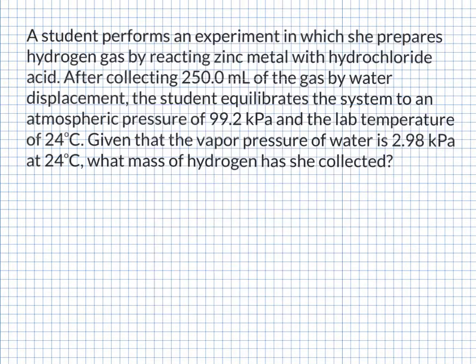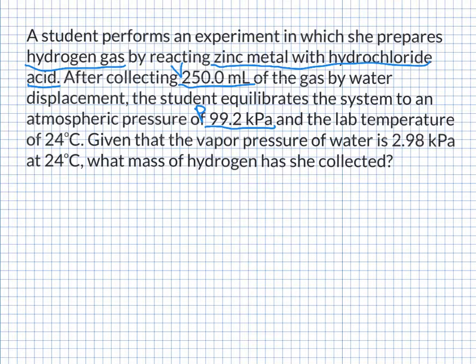So let's do a problem. It says a student performs an experiment in which she prepares hydrogen gas by reacting zinc metal with hydrochloric acid. After collecting 250 milliliters, that's a volume, of the gas by water displacement, which is what I just showed you, the student equilibrates the system to an atmospheric pressure of 99.2 kilopascals.